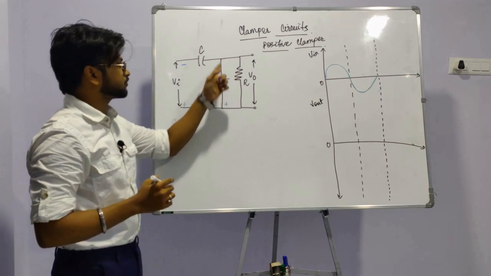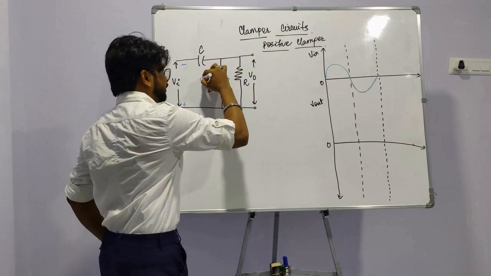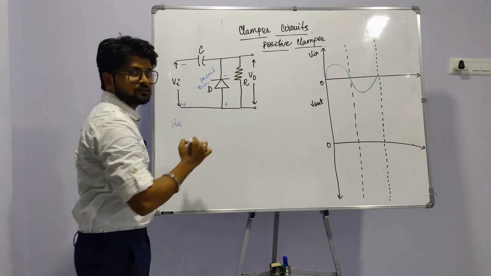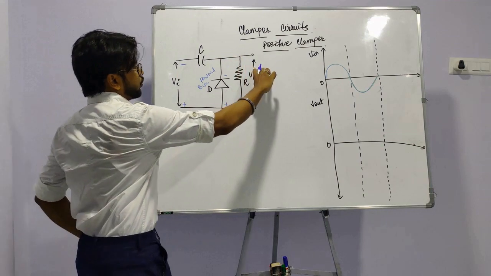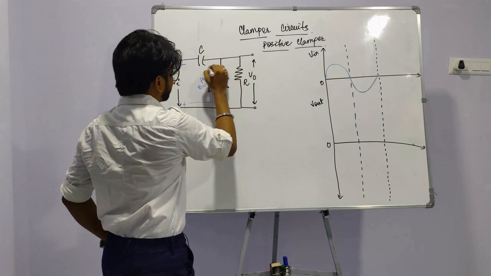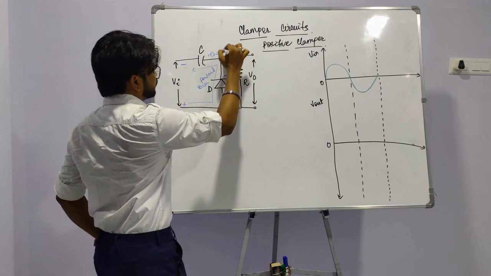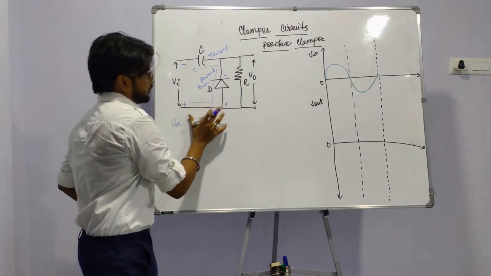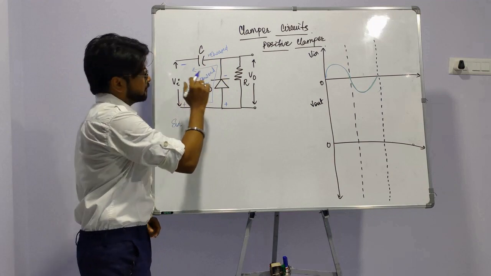Therefore this diode becomes conducting, in forward bias condition. In forward bias, we do not have any current passing to V0, because the entire current flows in this direction and the capacitor is charged. When the capacitor is charged, it stores the negative half cycle of the sinusoidal wave.